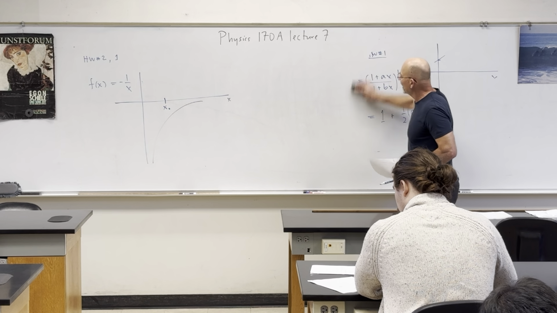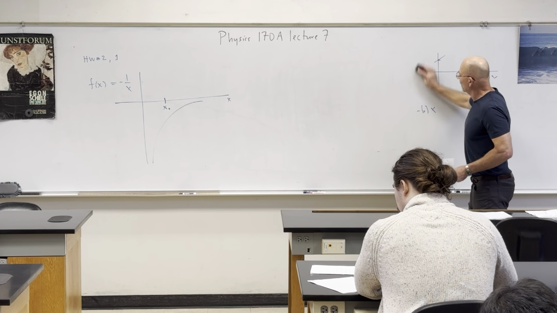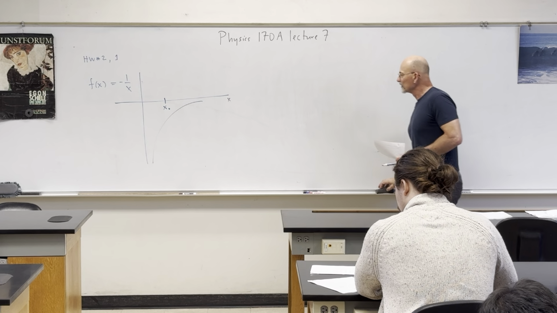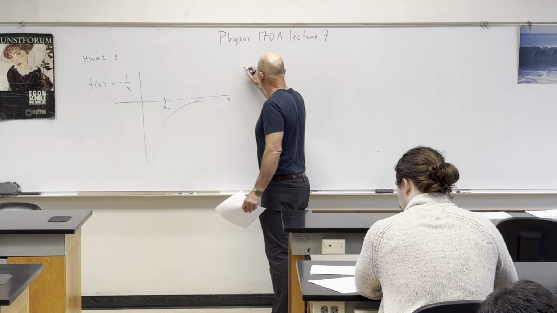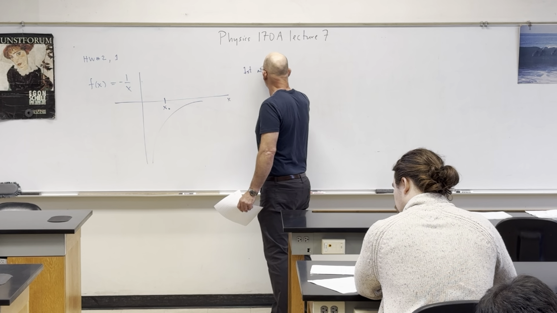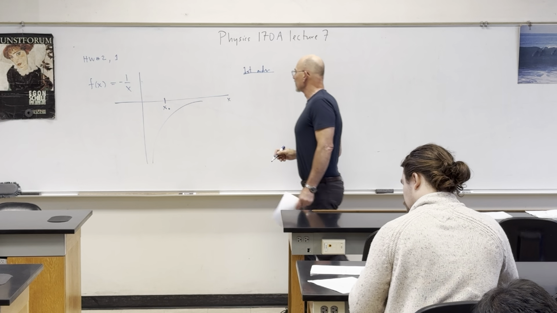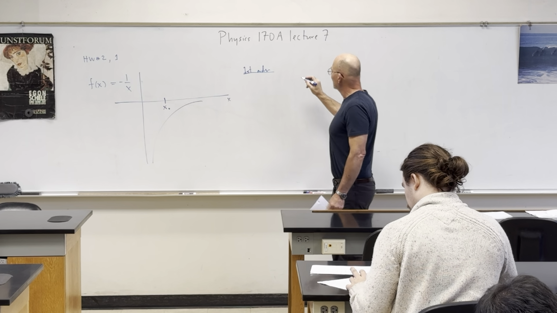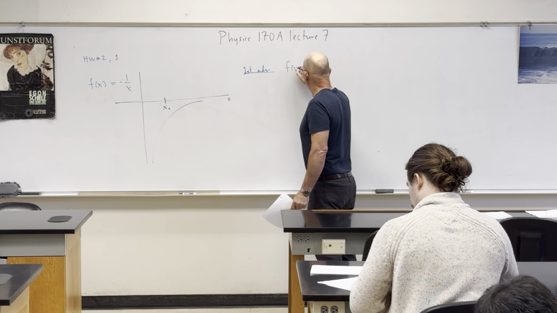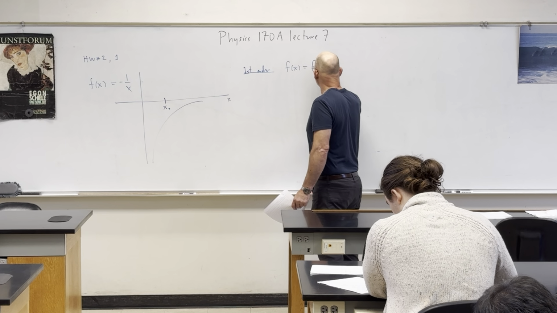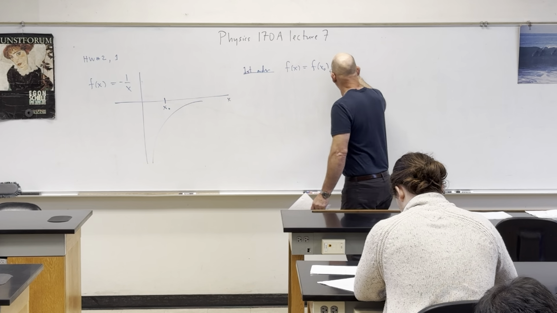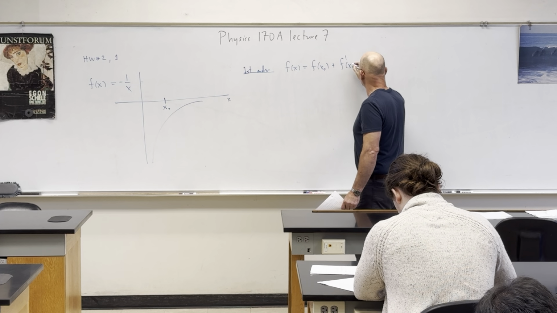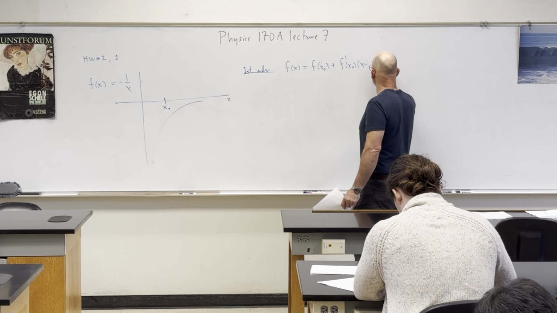But let's just go ahead and look at the first order. Expansion and approximation. Then we're looking at f of x equals f of x 0, plus f prime of x 0 times (x minus x 0).